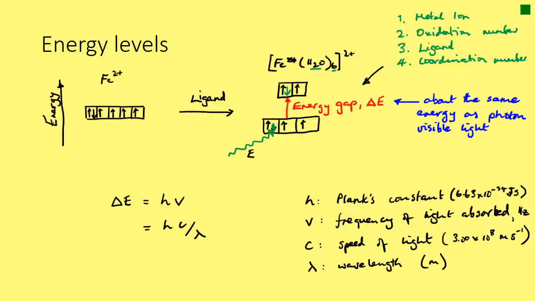But when we get a ligand binding to the Fe2+ ions, as we said, what happens is that these 5 3d orbitals, a couple of them get promoted energy levels. So we can draw those like this.